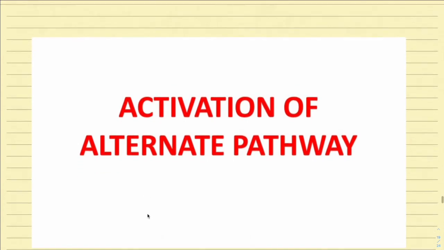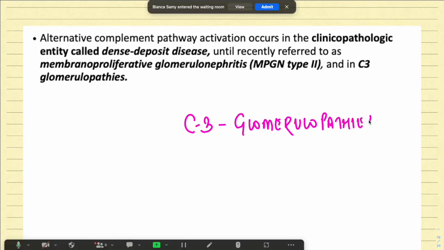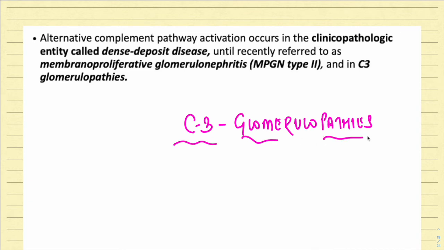The third important mechanism of glomerular injury is activation of the alternate pathway. The alternate pathway underlies a group of disorders called C3 glomerulopathies.